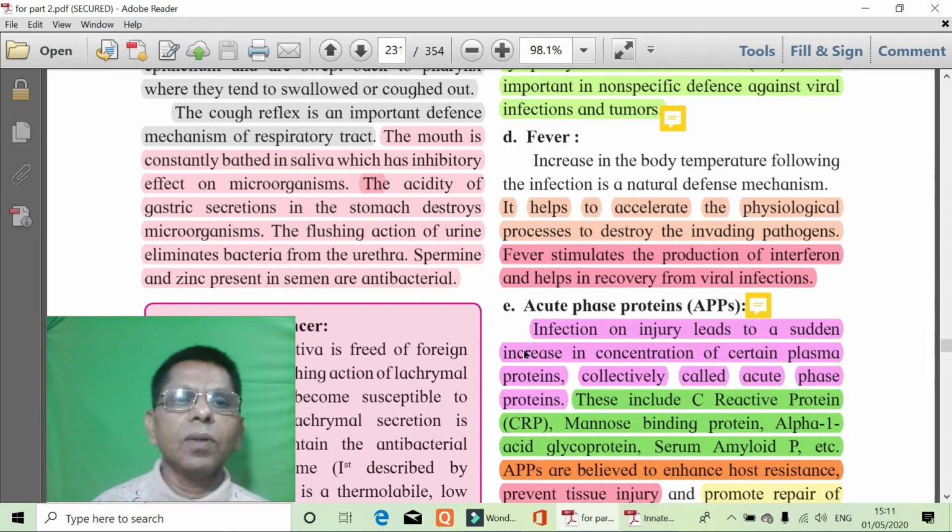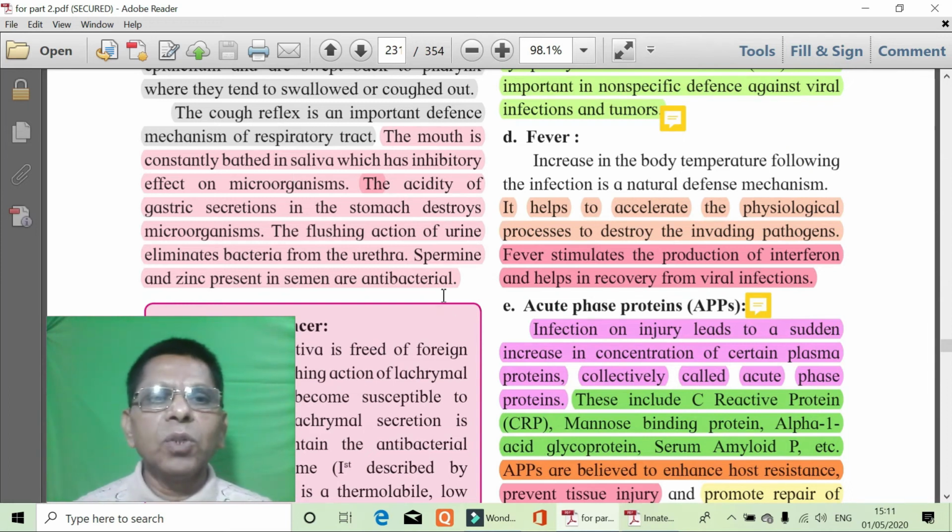Then, my dear friends, you should know that our oral cavity harbors more than 700 different species of bacteria. The most common microorganisms always present in our oral cavity are as follows.